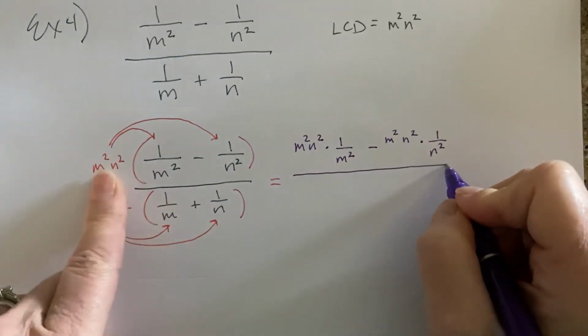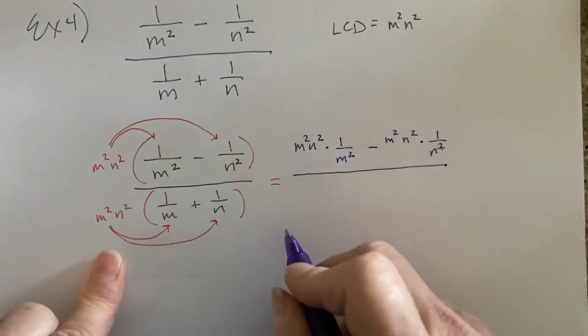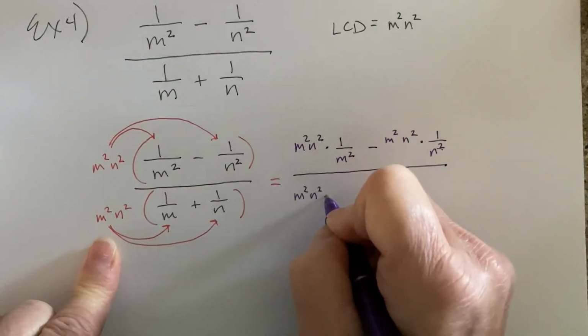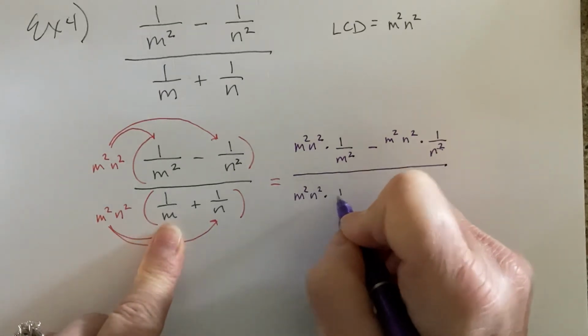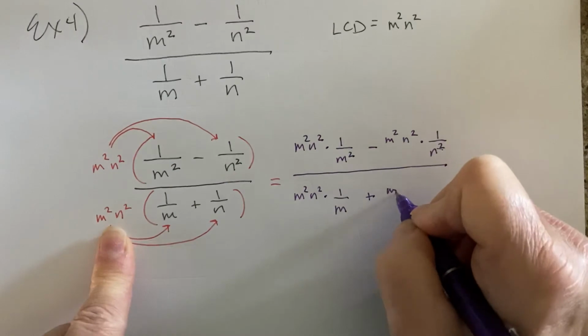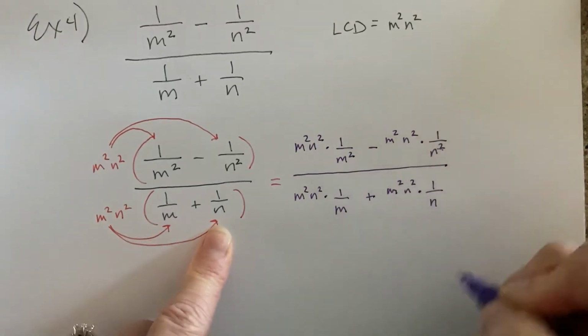So I distributed the m squared n squared, and that's what I got so far. I didn't simplify anything yet. Let's do the bottom. M squared n squared times the first one, plus m squared n squared times the second one.